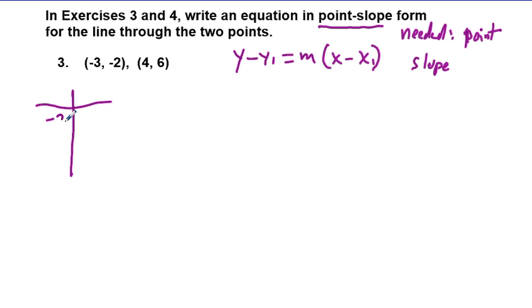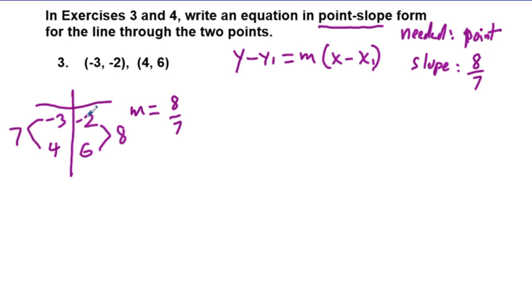We'll have -3, -2, and 4, 6. And if we subtract, 6 minus -2 is 8. 4 minus -3 is 7. So slope is m equals rise over run, change in y divided by change in x, so 8/7. That's our slope. For the point, we can use any of these points.